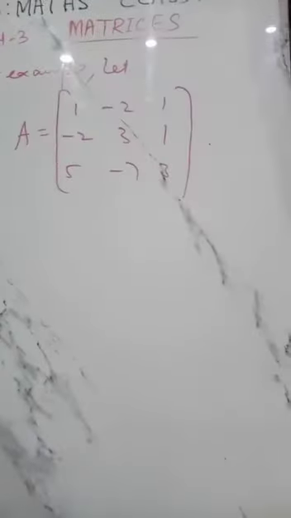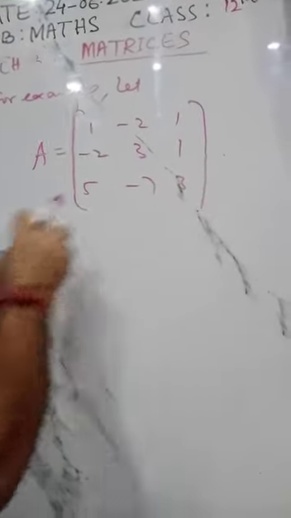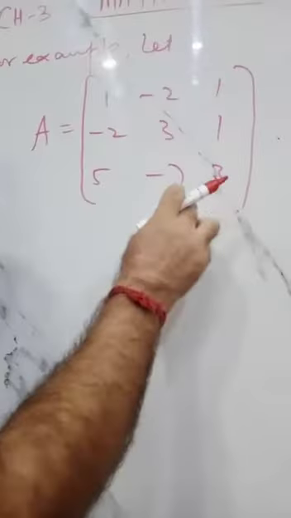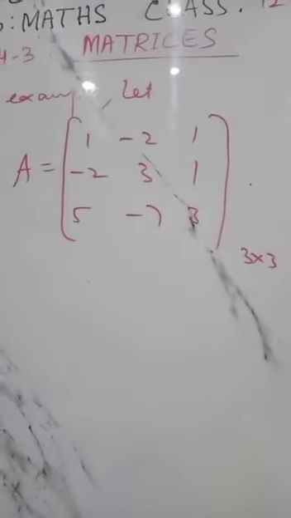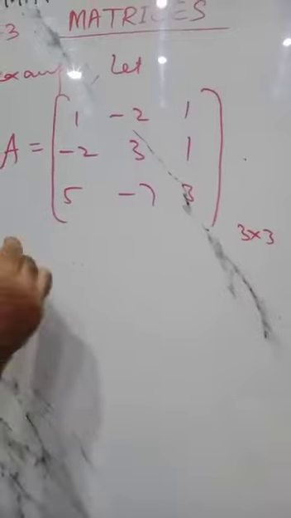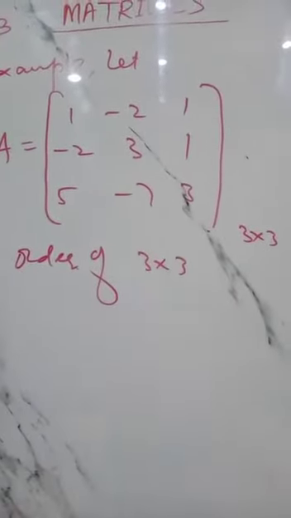This is a matrix of 3 rows and 3 columns, a 3 into 3 matrix. 3 into 3 means we have 3 rows and 3 columns, and A is of order 3 into 3.